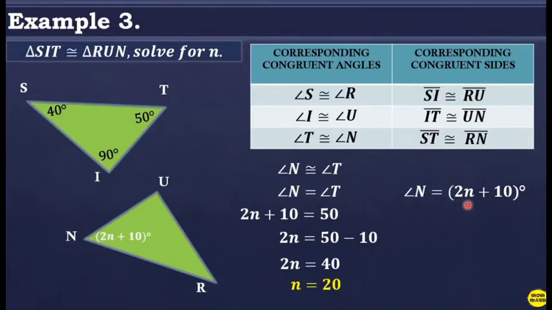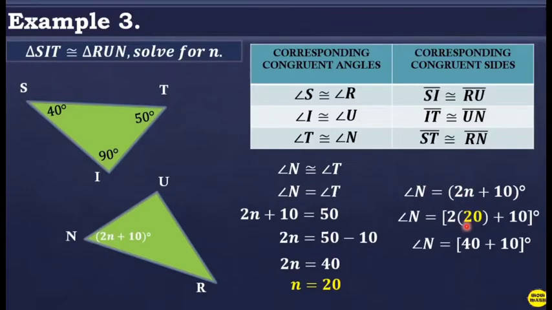So, substitute natin si 20. So, 2 times 20, that is 40 plus 10. So, your angle n is equal to 50 degrees, which is congruent to your angle T. So, based dito, they are congruent. So, it is correct. Let's have example number 4.